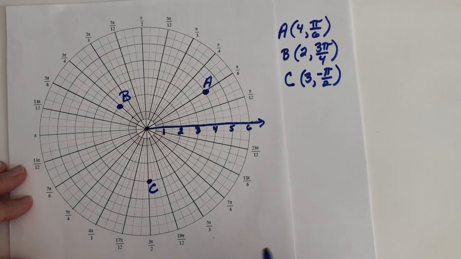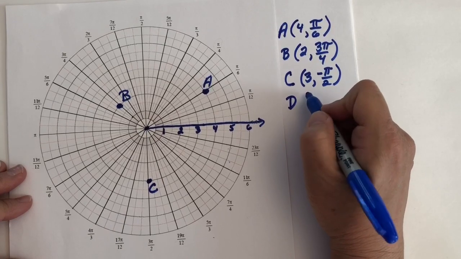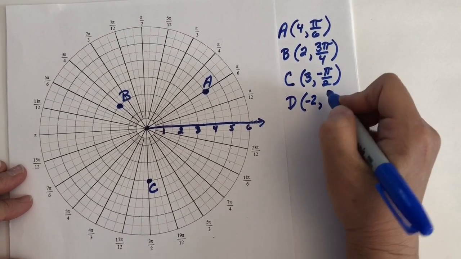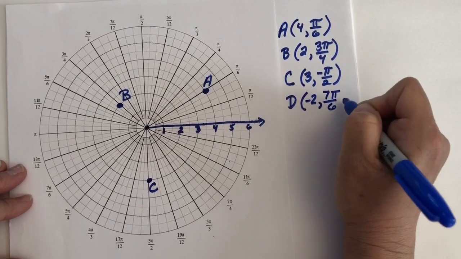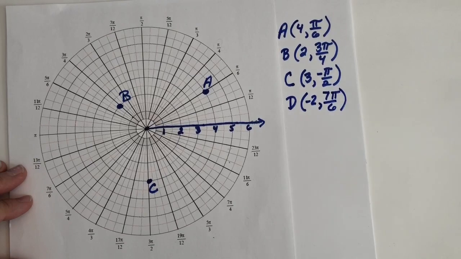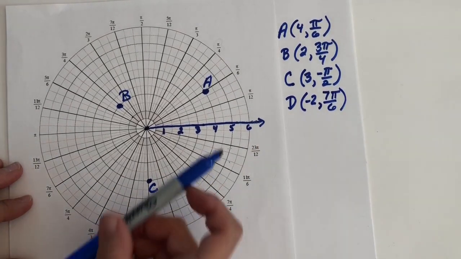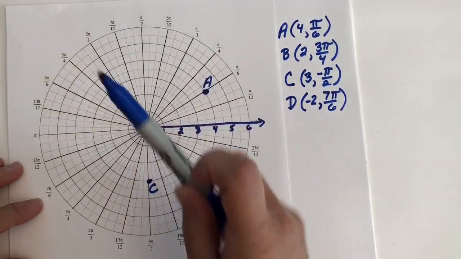Let's do another one. How about the point D, which we'll let be (-2, 7 pi over 6). Now, notice our r value is negative. That will be a little bit different, but still, we're starting here. We're turning in the direction 7 pi over 6.